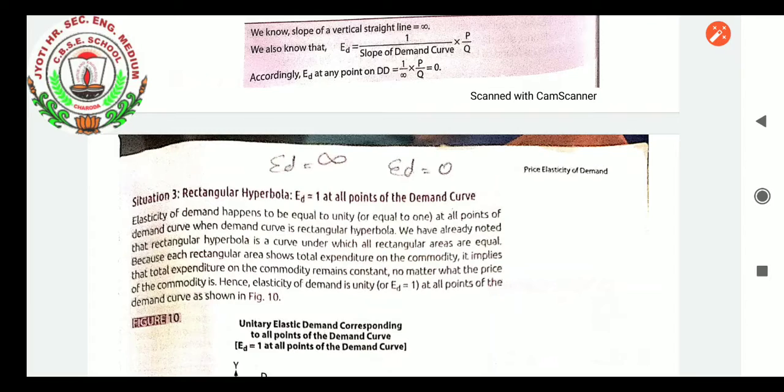So this is the situation, students: rectangular hyperbola, ED equals 1. We have already noted that a rectangular hyperbola is a curve under which all the rectangular areas are equal.